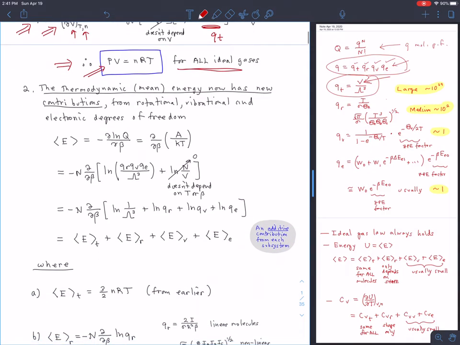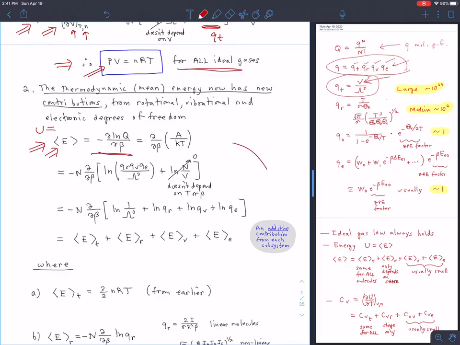All right, next thing is the internal energy, E, which is the same thing as the thermodynamic energy. Your book calls it the internal energy, the thermodynamic energy. It's also the mean energy for our system in question, the system being our collection of N ideal gas molecules. Here's the way we calculate it.